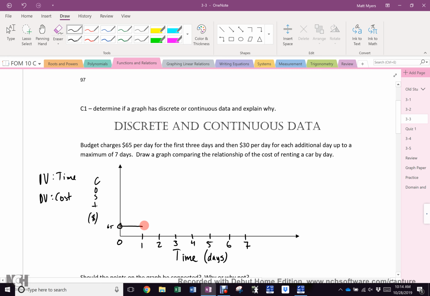Closed. Everybody agree? Technically speaking, if I go 1 second past 10:13, what do I owe them? Another whole day, yeah? So, 65 for the first day. What's the next day going to be at? 130, agreed?